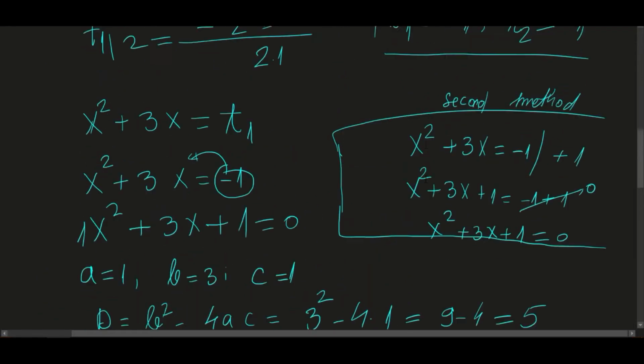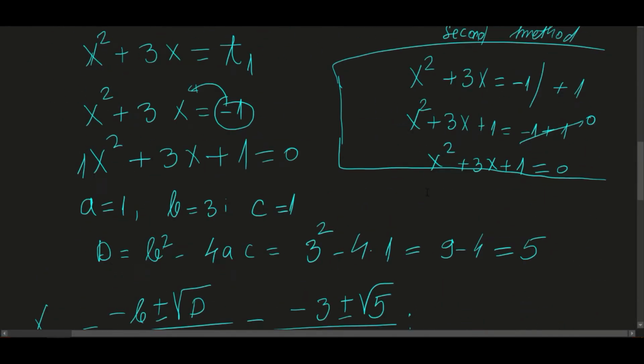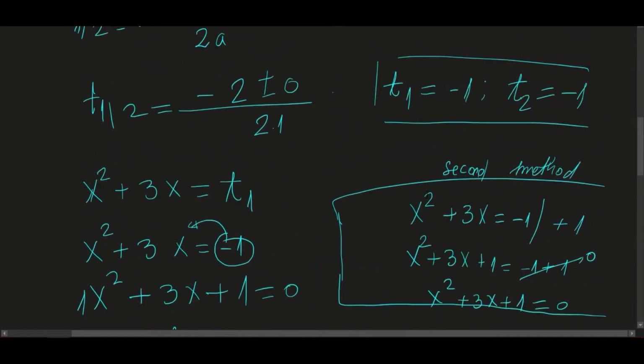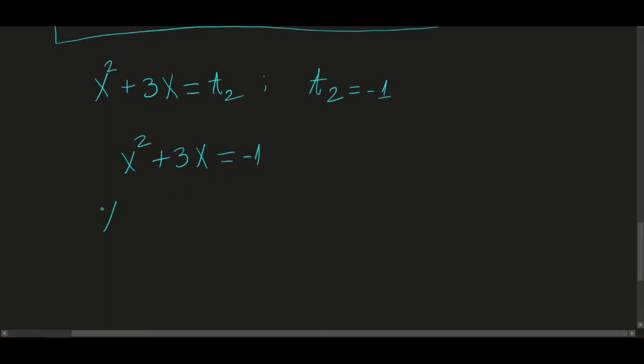Now second, we have here x² + 3x equal to t2. We know that t2 is -1. We will have x² + 3x − 1, and when we solve it is the same procedure.